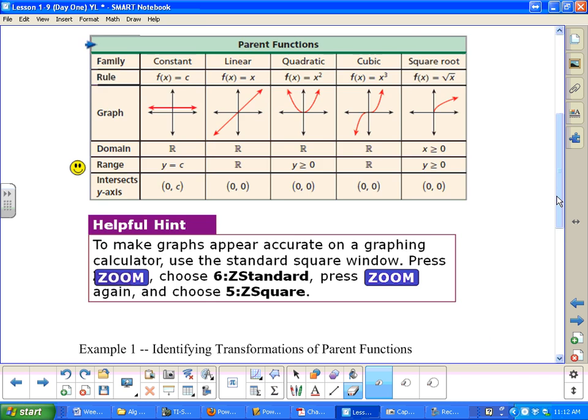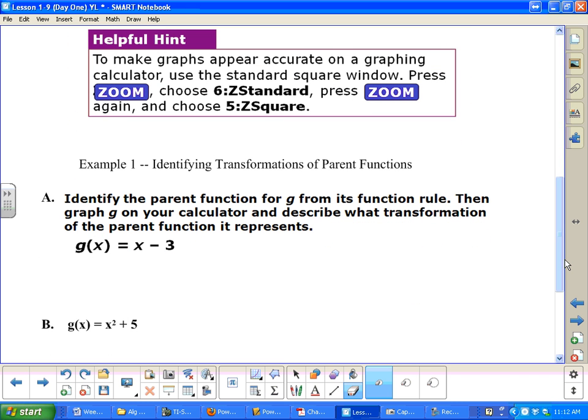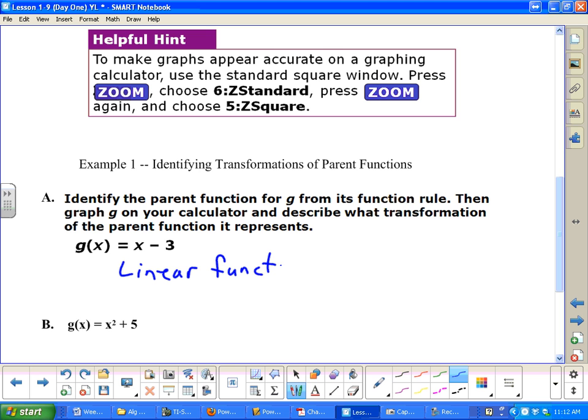It's linear because I look at the power of x, and the power of x is 1, so that means it's going to be a linear function. So this is a linear function. Now it says to graph it on your calculator and describe what the transformation represents.